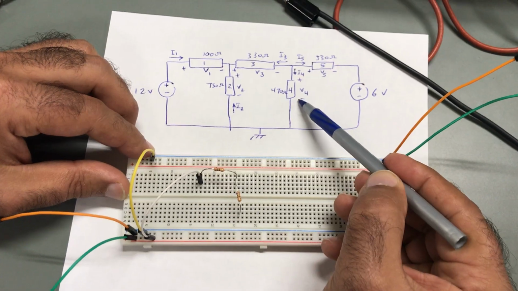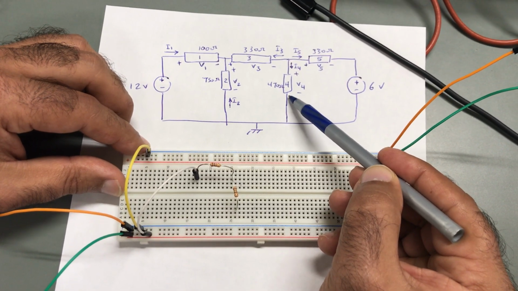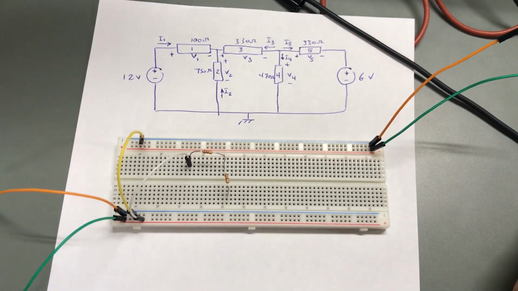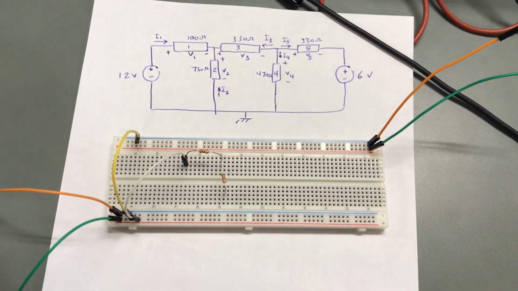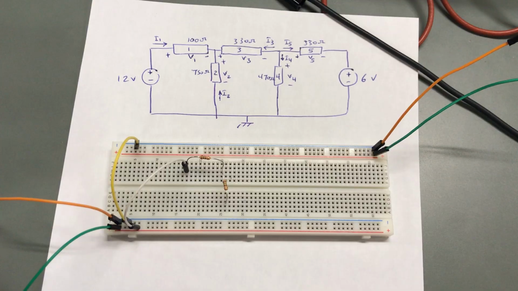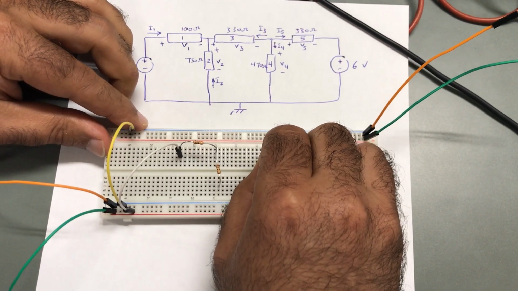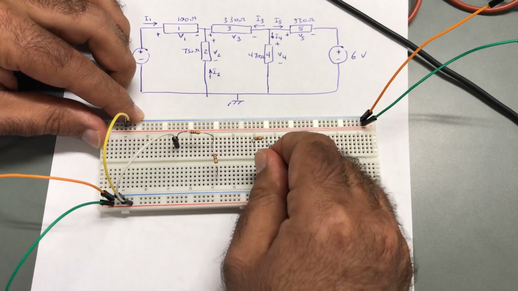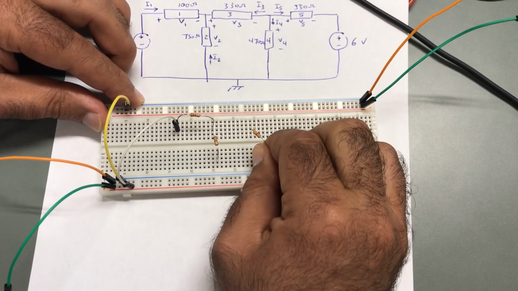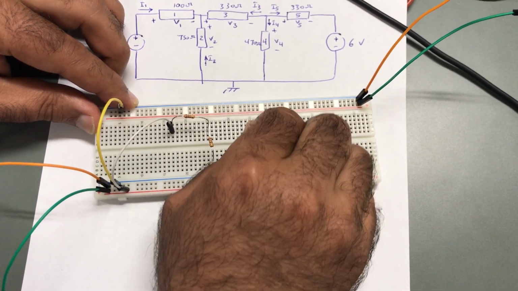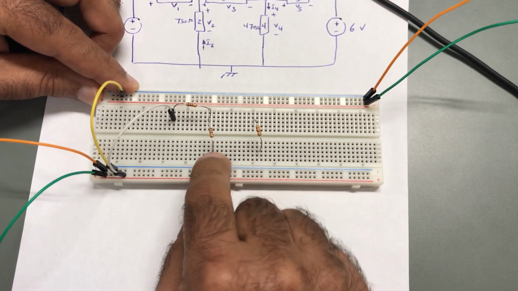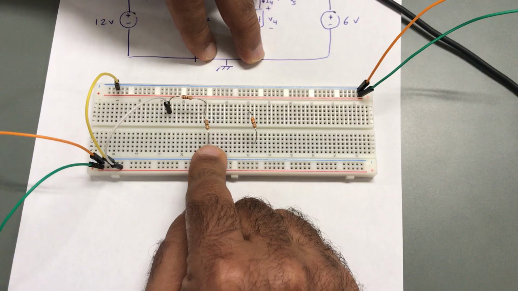And I need to connect this resistor, which is 470. So for 470, this one, for example, I will connect it like that. But I would like to make these one node, because here, as you are seeing, these are one node.